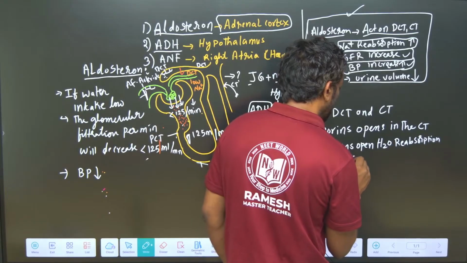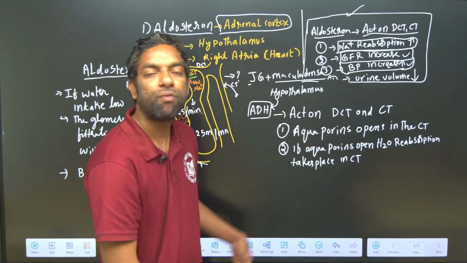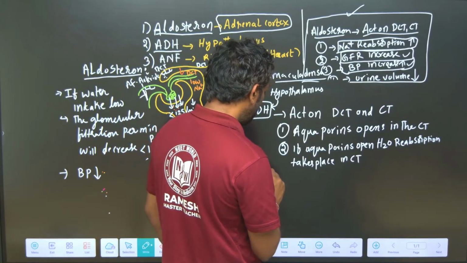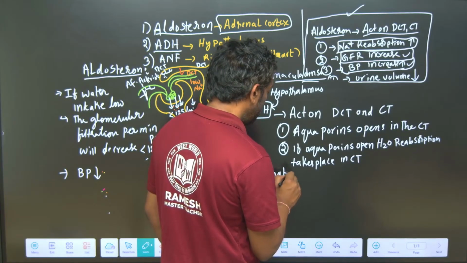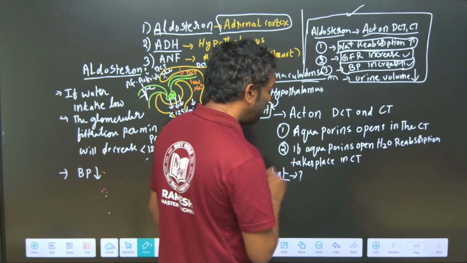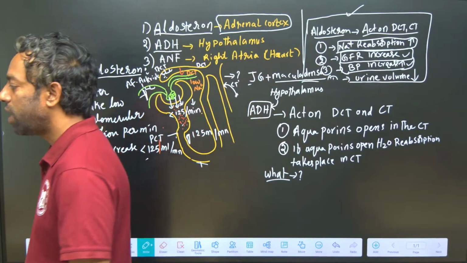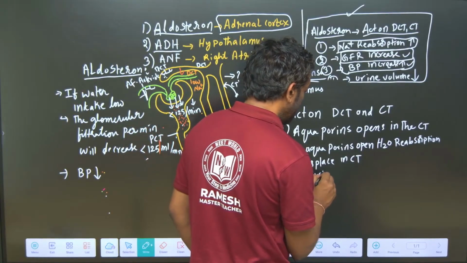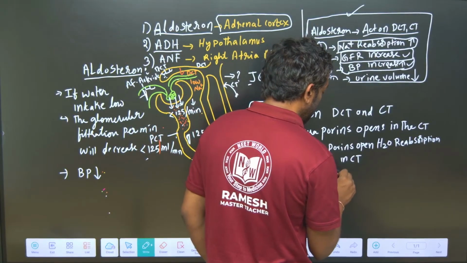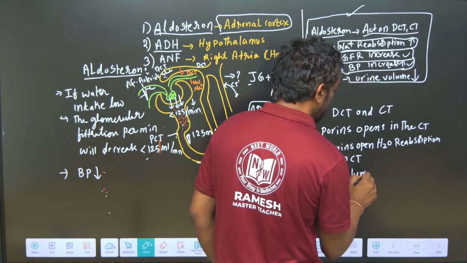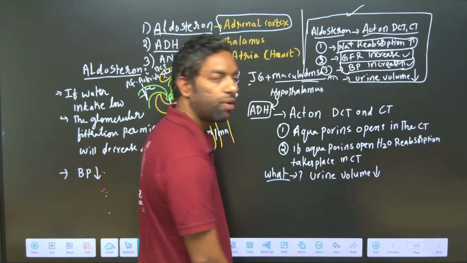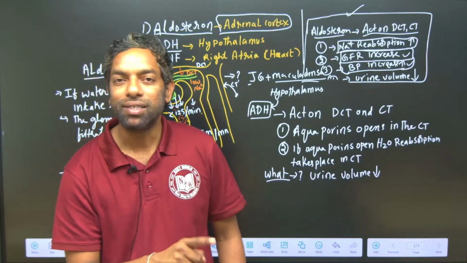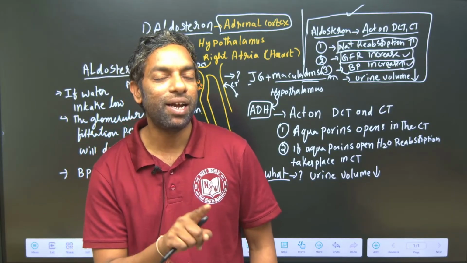In the collecting duct, water reabsorption takes place. What happens? Urine volume decreases, and there is a dilution of the concentration of sodium in the DCT and collecting duct.